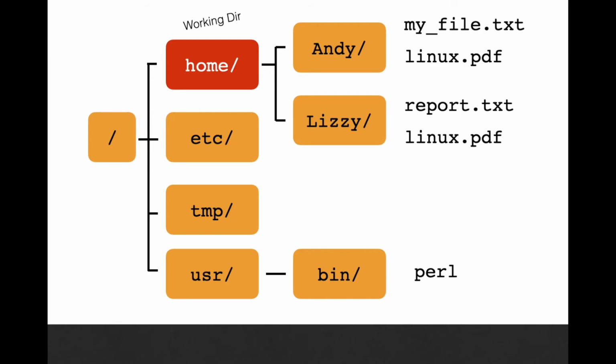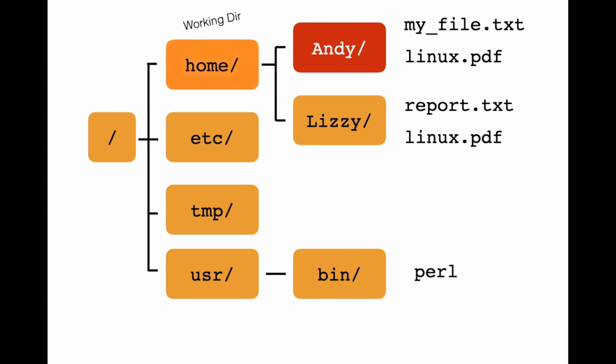In particular, to create a relative path, we need to know a couple of things. For example, that the current directory is called dot. That's a convention. So if I am in the right directory and want to enter Andy, ./Andy is a relative path, or /home/Andy is the absolute path for the same directory.